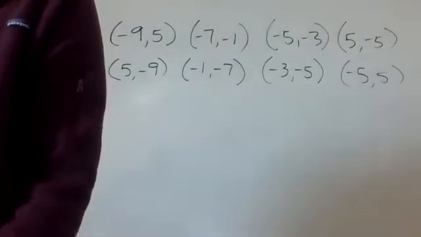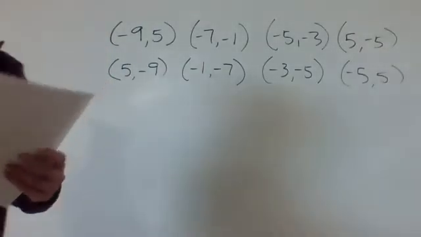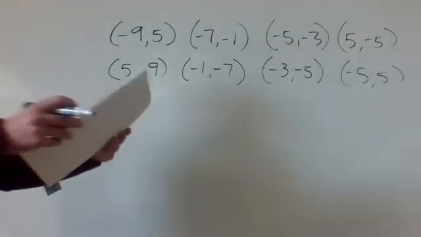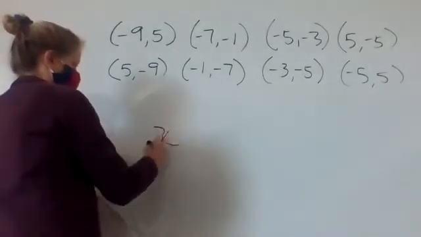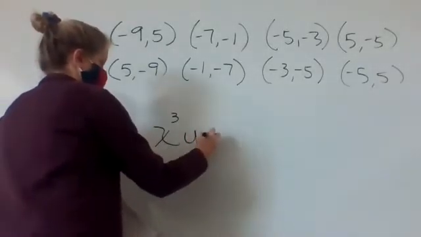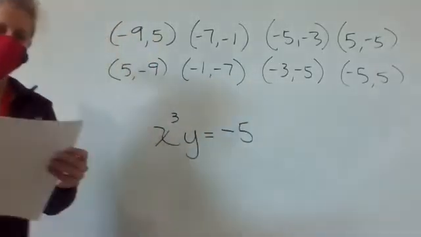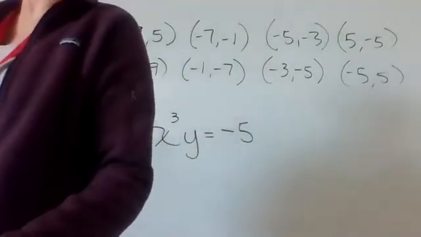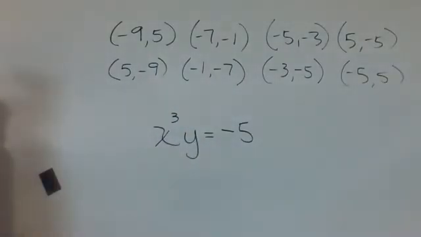So number 2 is the same kind of thing. I have an equation this time, x to the 3rd y equals -5, and it wants you to find the equation of the inverse relation.